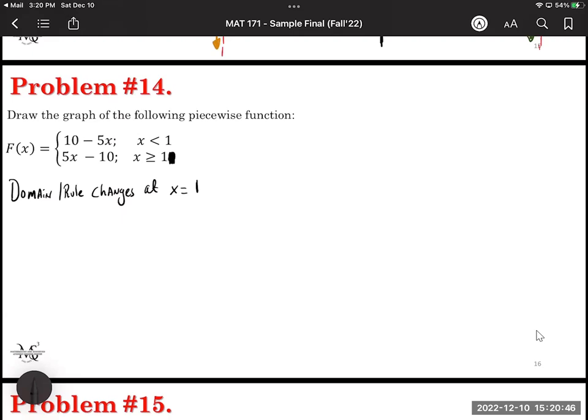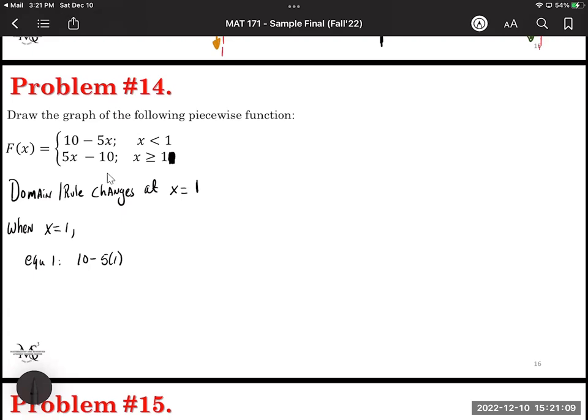So now what I need to do is plug in the value x equals 1 into both equations. One of the solutions is going to be an open point and the other one's going to be a closed point. So when x is equal to 1, for equation 1, it's going to be 10 minus 5 times 1.